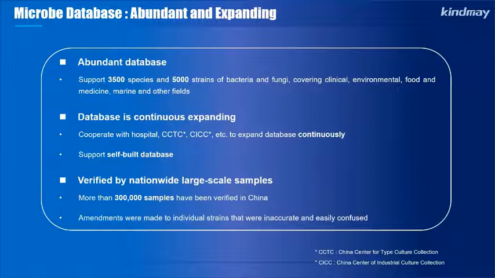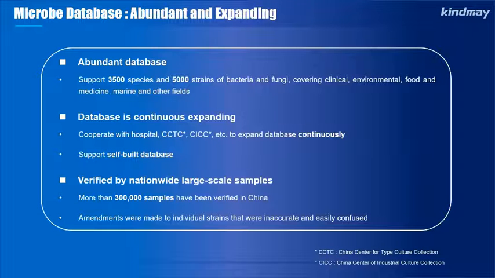Okay, what about the yeast strains? For the yeast, it's already included, yes. Included in the database, right? Yes. So during the run, we can detect all of the bacteria, fungi, and yeast together, right? Okay.